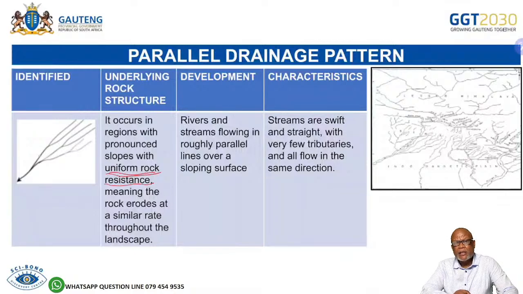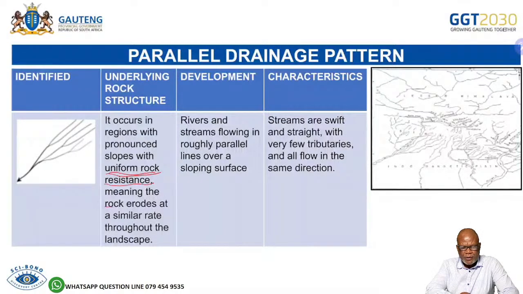If it was a little bit gentler, then the tributaries will open wider, and as it opens wider, it will look like a dendritic. But this one is a parallel pattern. You must be able to identify the parallel pattern.